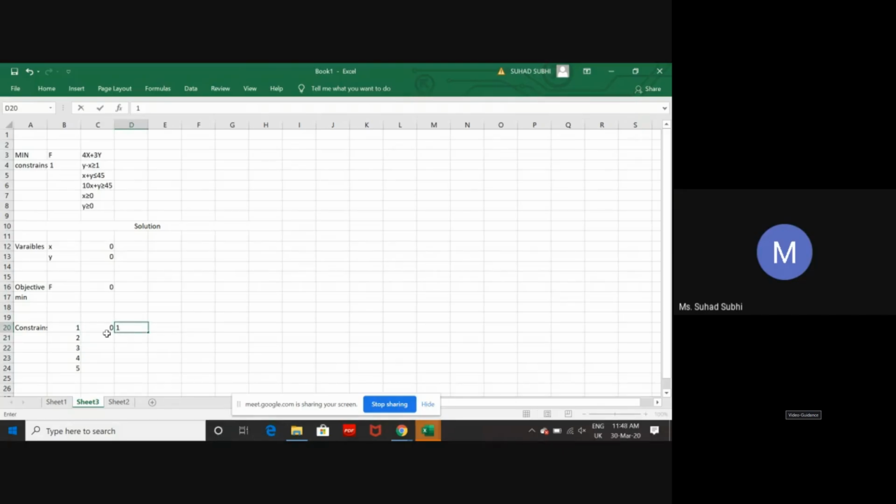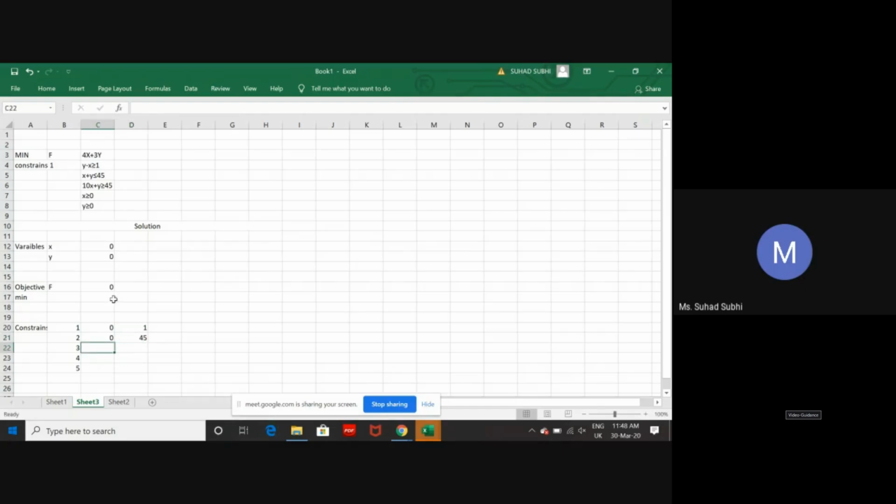Now let's move to the second row. The second constraint is the value of x plus the value of y, and enter. The constant here should be 45.